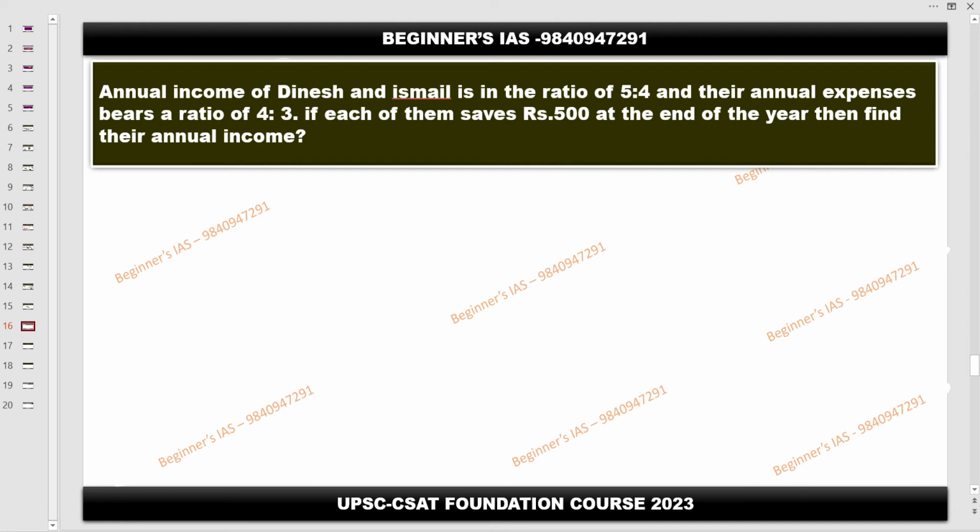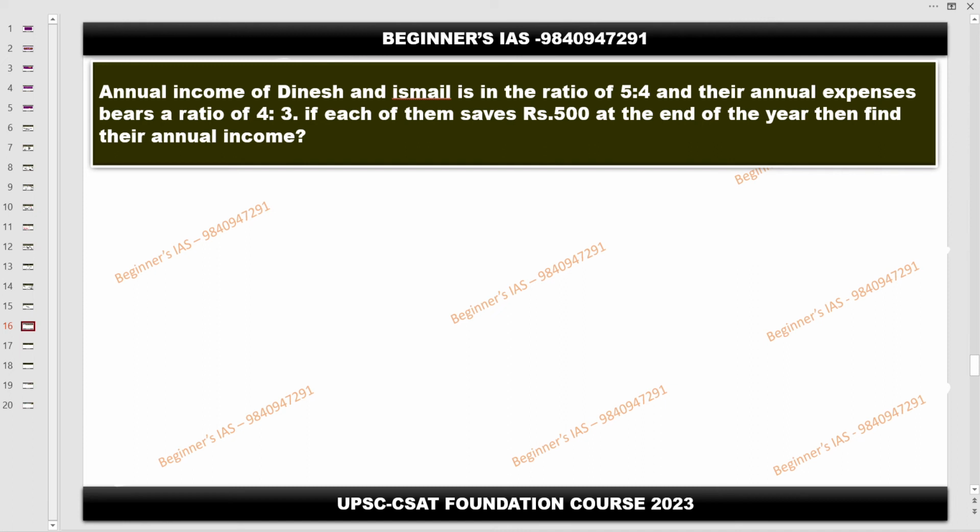Here the annual income of Dinesh and Ismail is in the ratio of 5:4. Their annual expenses are in the ratio 4:3. If each of them saves rupees 500 at the end of the year, then find their annual income.